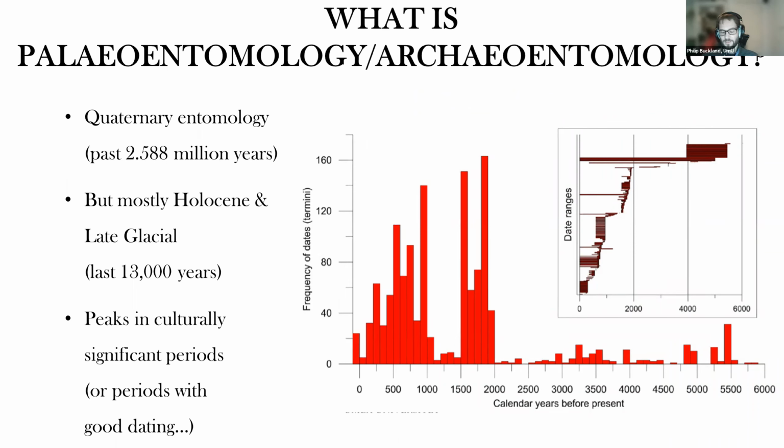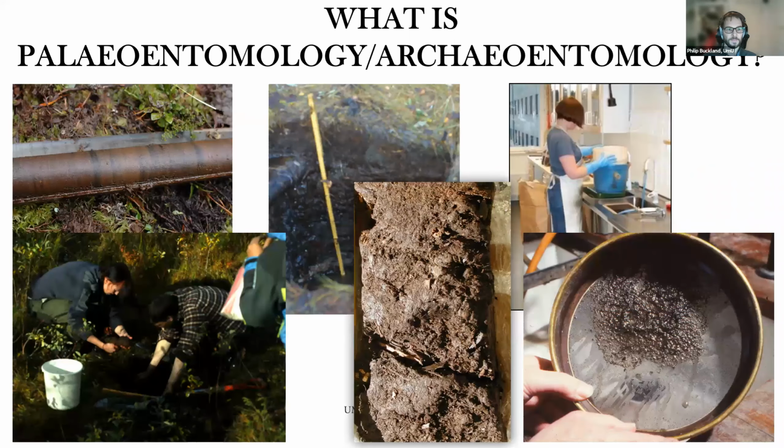And of course, if you're looking at long-term environmental change or long-term studies of insect biodiversity, you're going to have to look out for these variations in the density and quality of the data, because your biodiversity statistics are going to have to be standardized to compensate for any of these problems. And also the selectivity of archaeologists is very important to remember there. It's a biased record. We're looking for human activity generally.